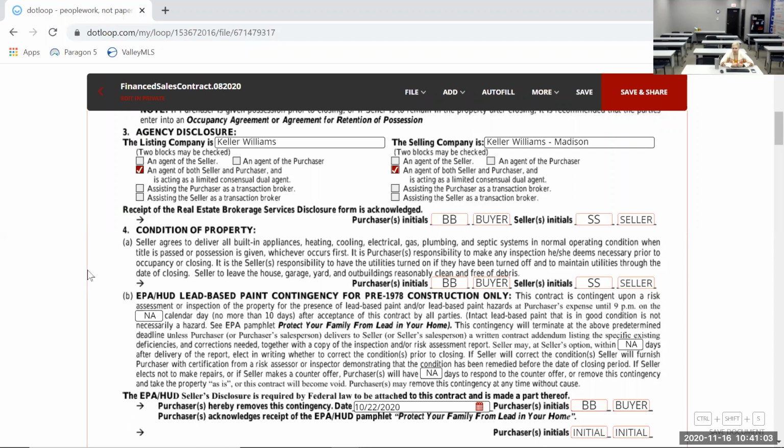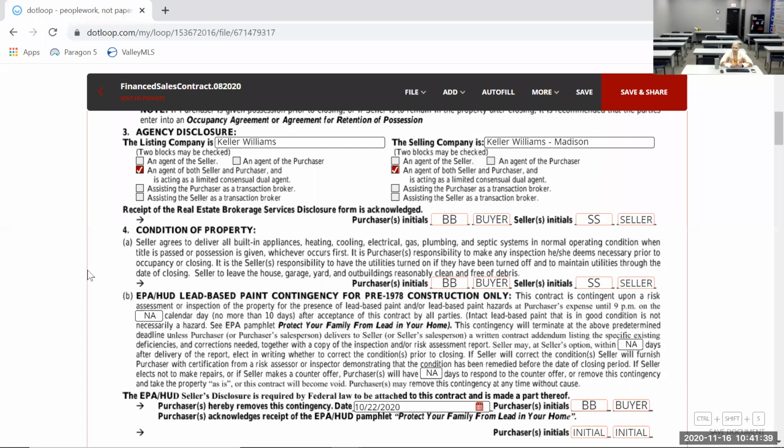It is the purchaser's responsibility to have an inspection, okay? But if you read, it is the seller's responsibility to have the utilities turned on if they have been turned off, and maintain the utilities through the date of closing. So, for instance, if you have a house, we were seeing this a good bit a few years ago, where sellers, unoccupied homes, they would basically shut the water off and winterize them.